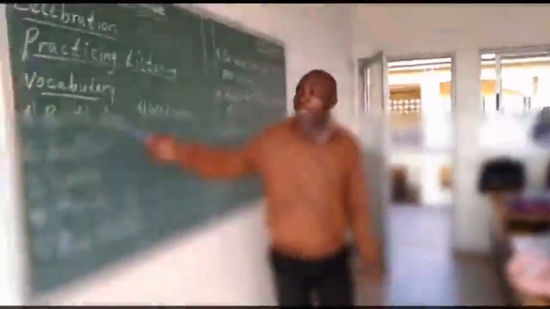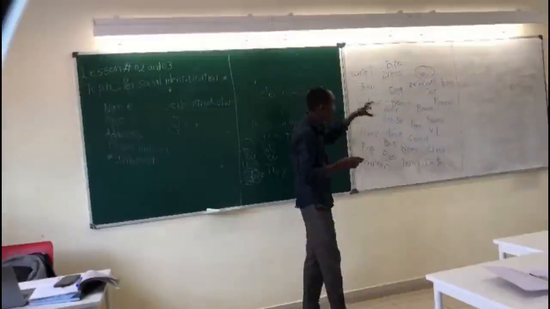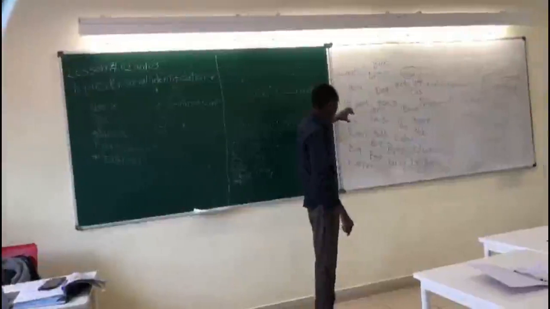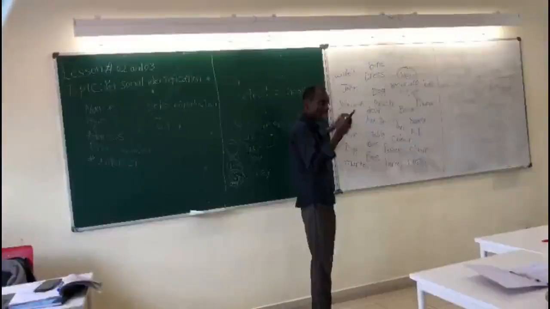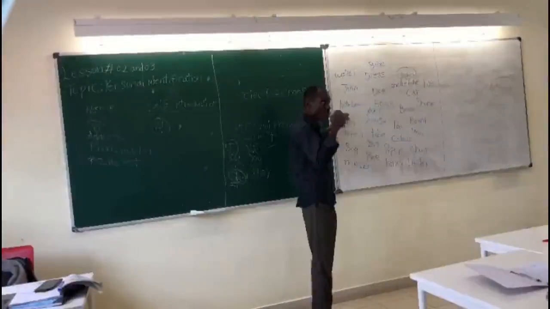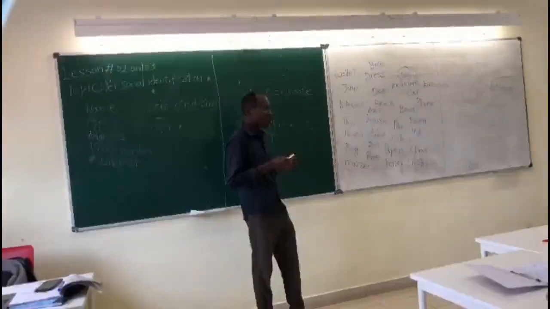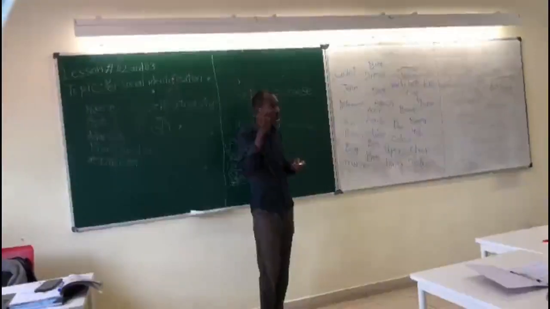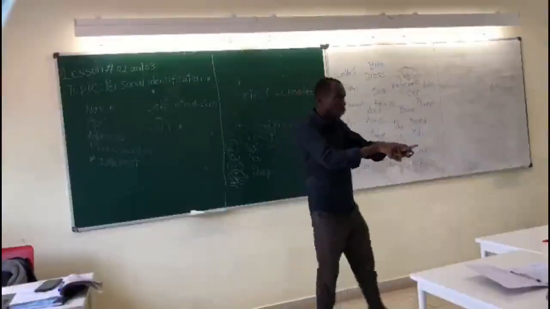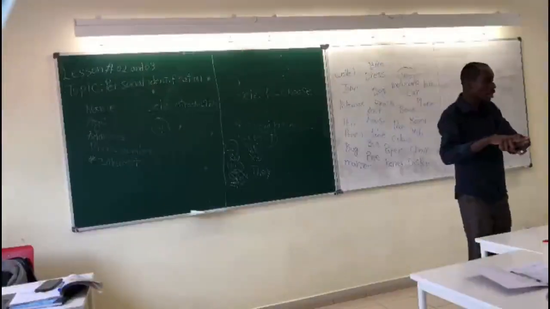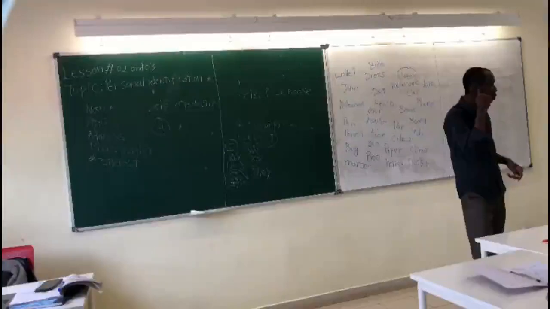Okay? Now, let's look at this vocabulary which is here. What word is this? About this word. For example, my word is pen. I am going to speak 1 minute to speak about this word, the pen. While I speak, my colleague, you are two, your partner will listen to you.